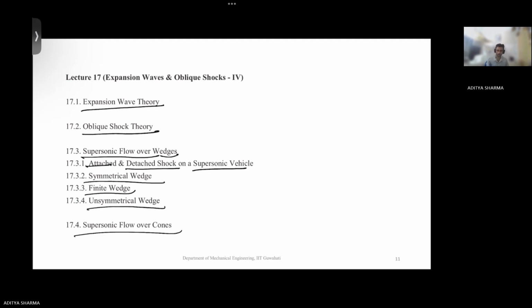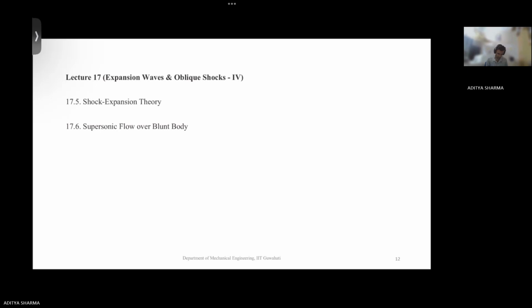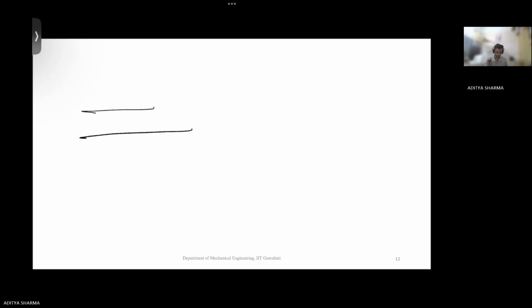Okay. And there are other topics also. Shock expansion theory and supersonic flow with blunt body. So these are there.